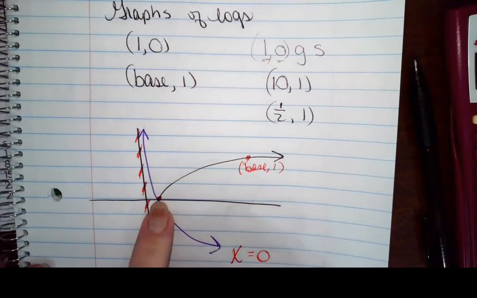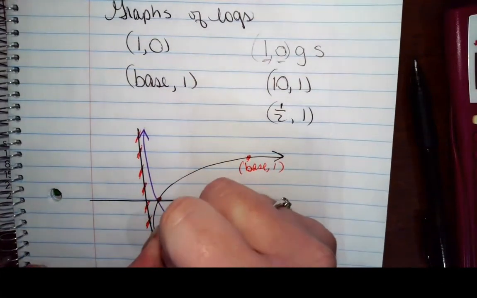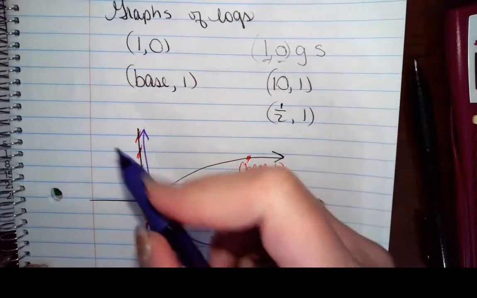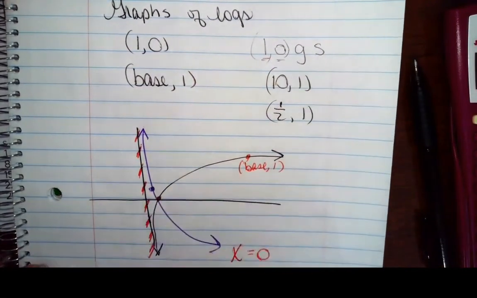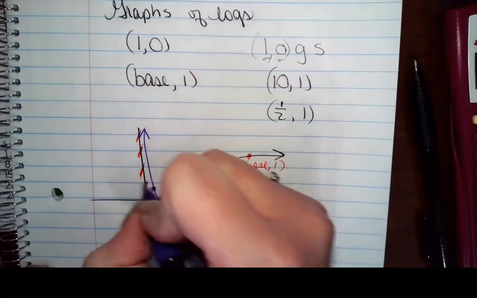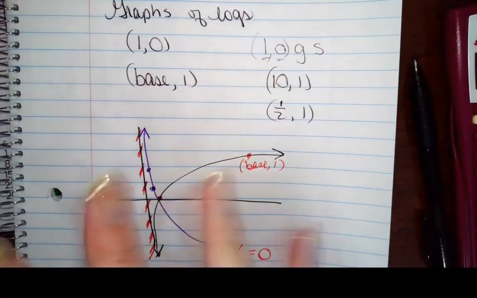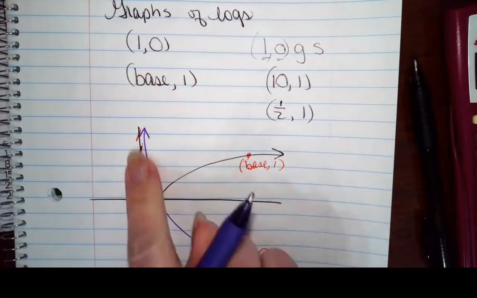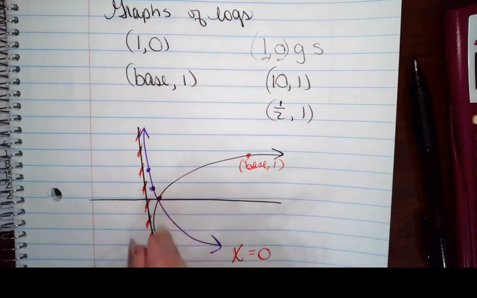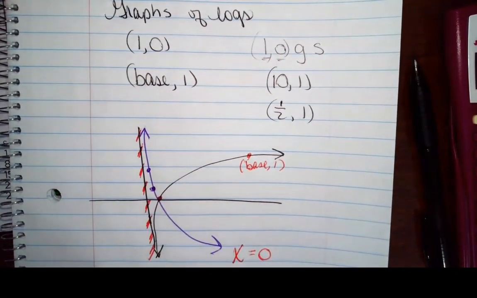In this case, you've got a point at (1, 0) and another point at (1/2, 1). So you'll be positive between 0 and 1, and you'll be negative after. So those are the key points.